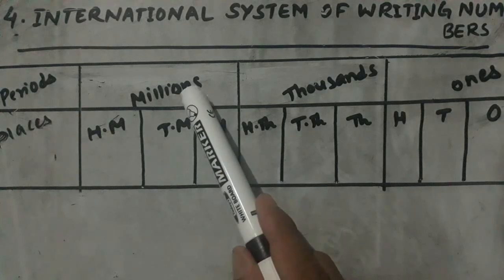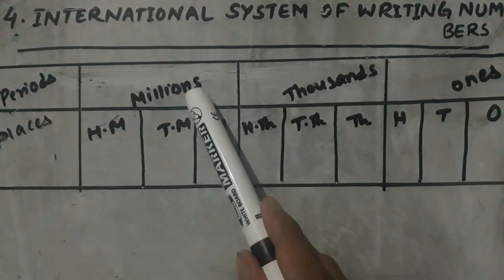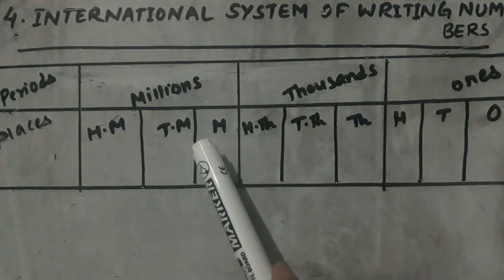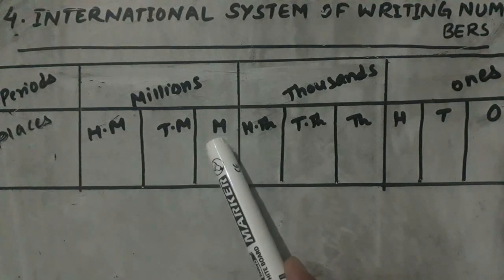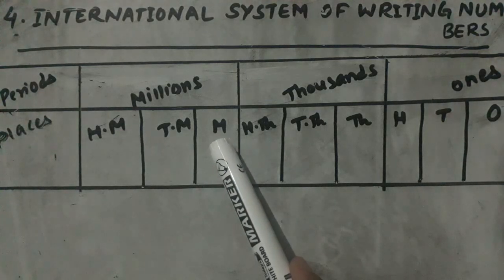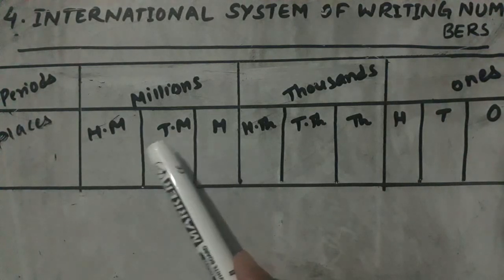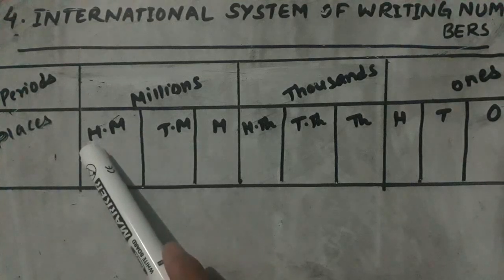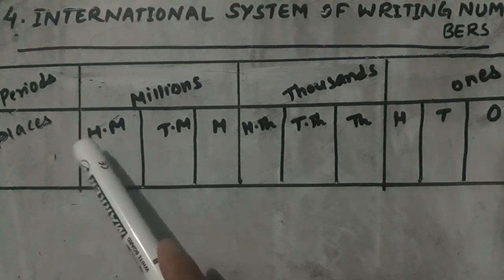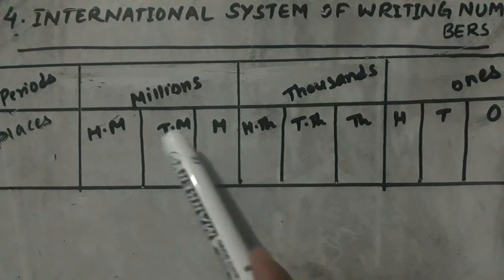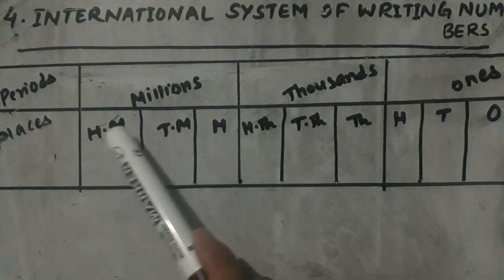Similarly the period of millions consists of three places. First is million, denoted by m. Tm means 10 million, and the third one is hm, which means 100 million.